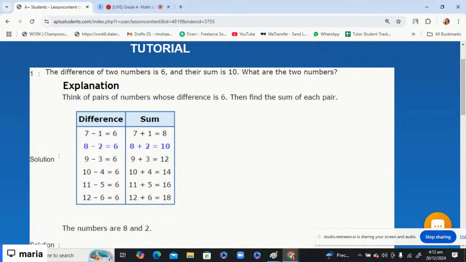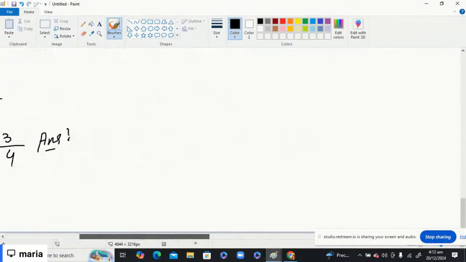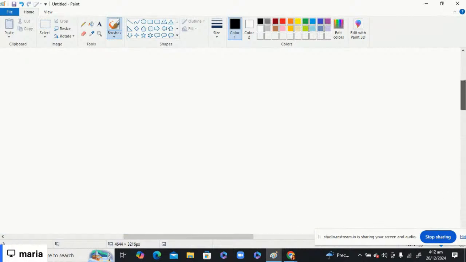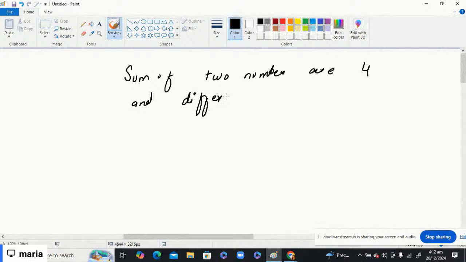First of all, for example, if they are saying that the sum of two numbers is 4 and the difference is 0, find those numbers.